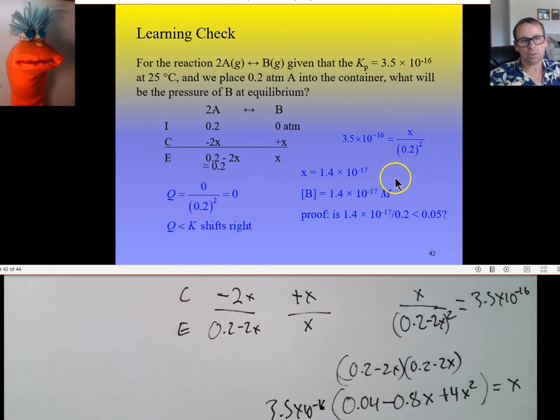Because this K value was very, very small, and the initial concentration is very large relative to it, the shift was going to be very small. We also solved for the shift and saw that it was 1.4 times 10 to the minus 17. This is an approximation because we dropped that term, but because it's so small, it's not going to change the 0.2 very much, so it ends up being a close enough value for us.